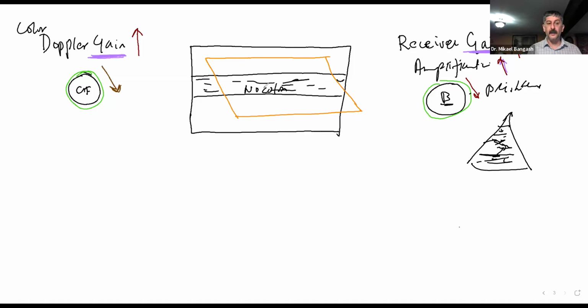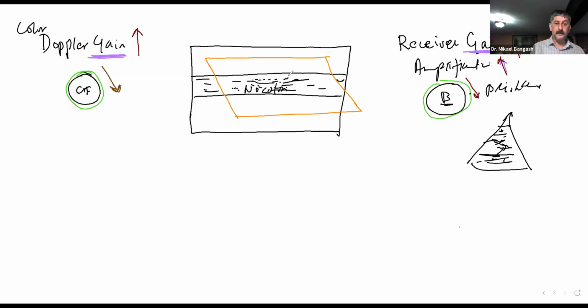Mainly because the amplitude of the signals that should produce the colors is too low, so it doesn't display the colors that we wanted to appear in the blood vessel.